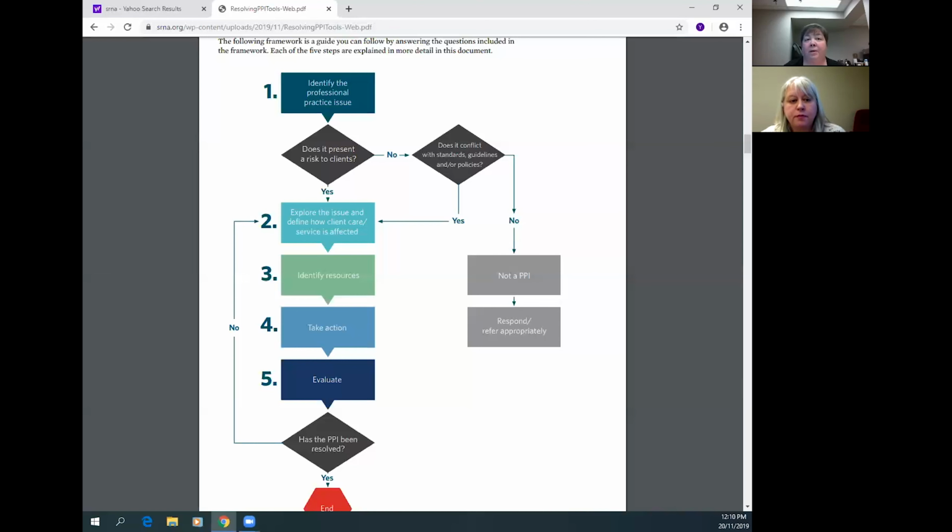It's not a personal thing. It's, this is my professional responsibility and I need to uphold my standards. I need to meet my code of ethics. So we remind them of those and help them explore where in the standards, competencies, code of ethics, their dilemma is coming from. And so using those as resources is really helpful in situations like this.